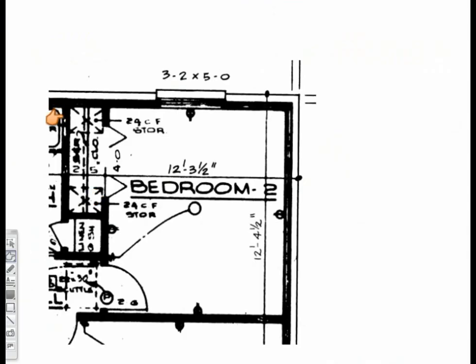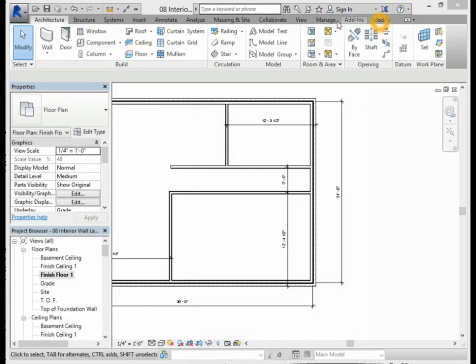The next wall you will create will be this wall that lays out the bedroom closet and the linen closet in the bathroom. This wall is 2 feet 5 inches from this wall here. You will select the Modify tab.